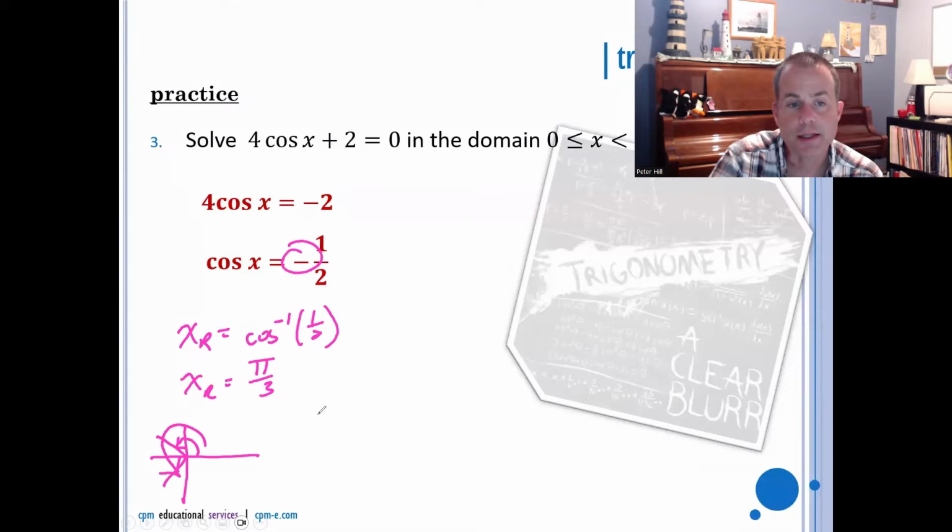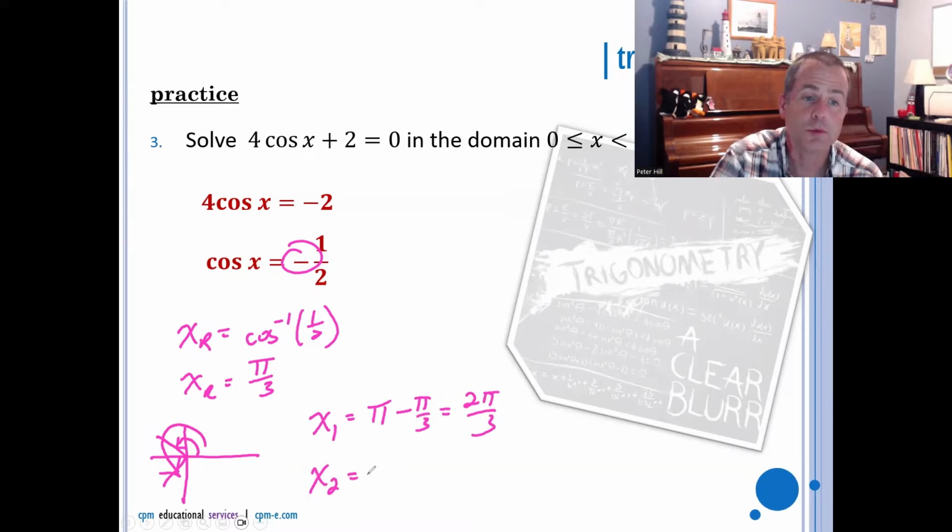The first answer is going to be 180 degrees minus... sorry, I should be talking in radians right now, not degrees. So my first answer is π − π/3, my reference angle, and that's 2π/3.